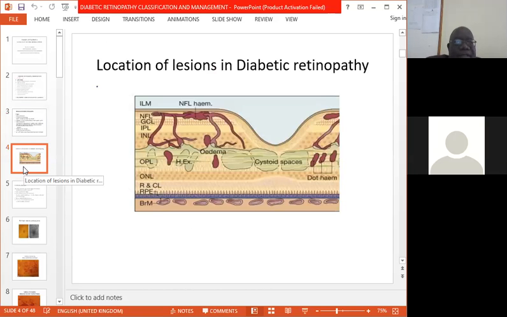Location of the lesions in diabetic retinopathy. This is a cross section of the retina. This is the inside, this is the outside of the eyeball. Inside, you've got the internal limiting membrane, the nerve fiber layer, then you come to all these layers which contain the blood vessels. Then outward here, you have the cystoid spaces.